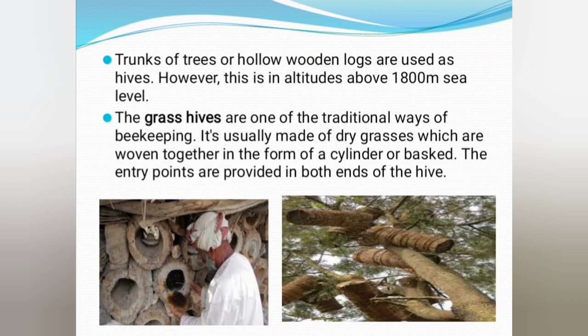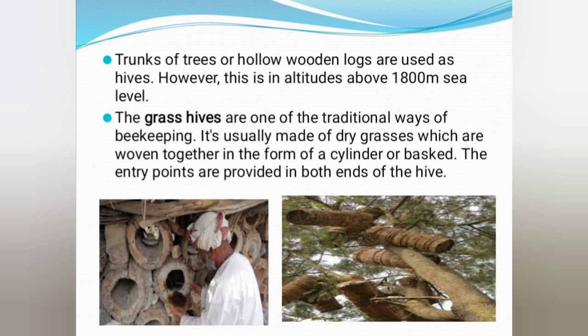The other methods are trunks of trees or hollow wooden logs used as hives. However, this is in altitudes above 1800 meters above sea level. Grass hives are also used.